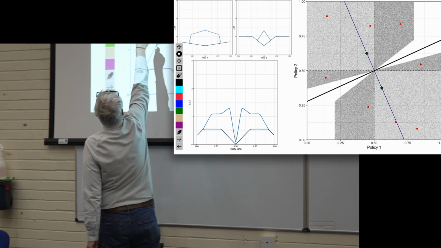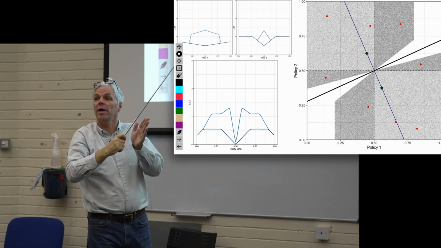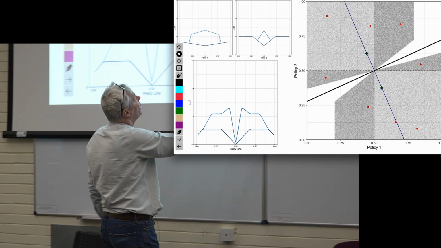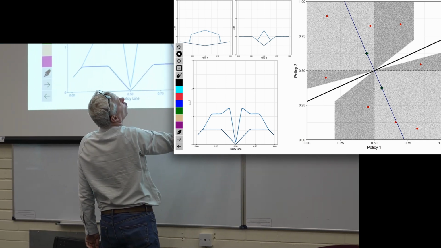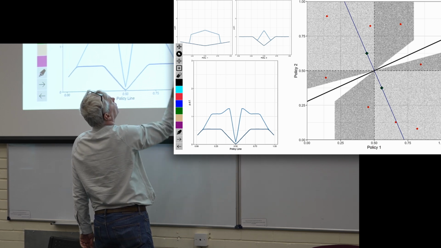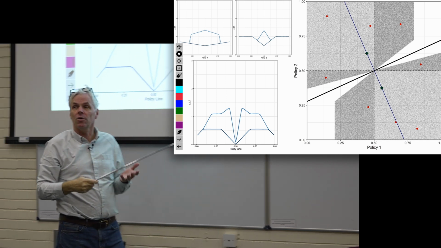You can see that with this little pointy bit here on policy 1. That's somebody who's moved to the right. And somebody here has moved up, and we can see that that's somebody who's moving towards 0.5 in policy 2. This is somebody here who's moved to the right. So we can see those guys.